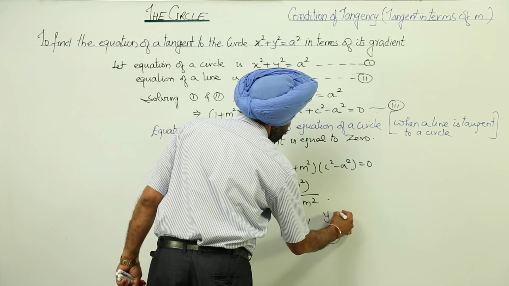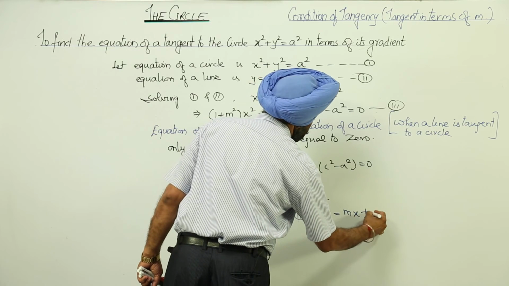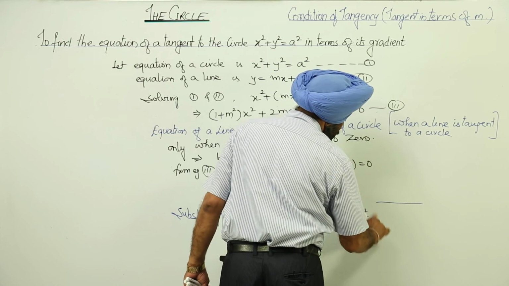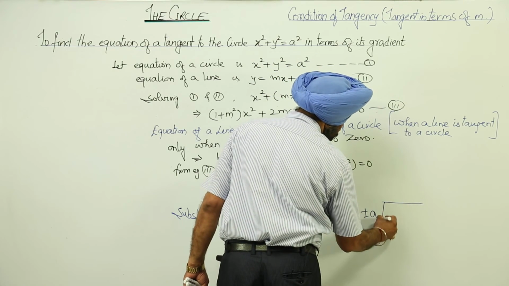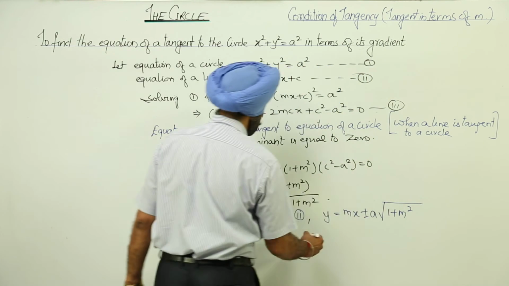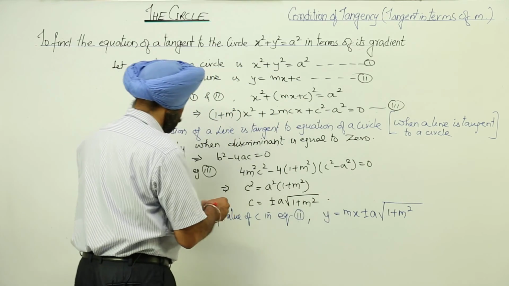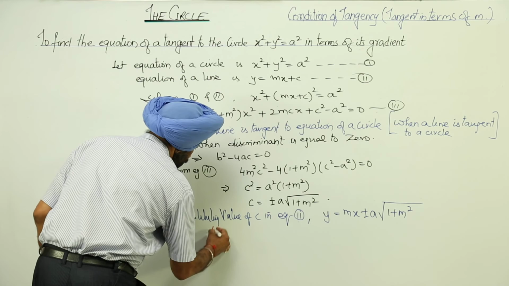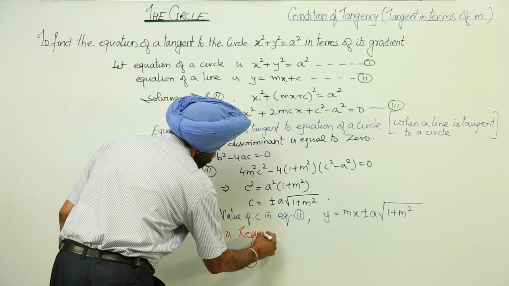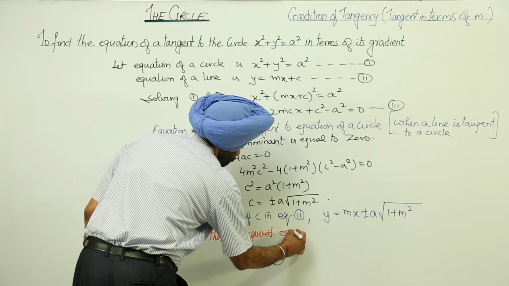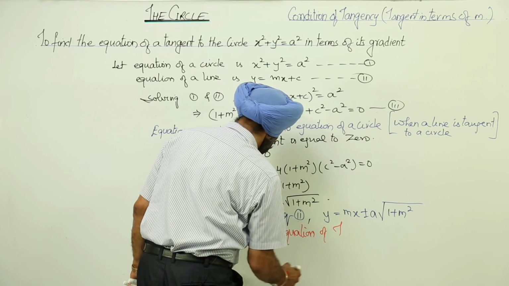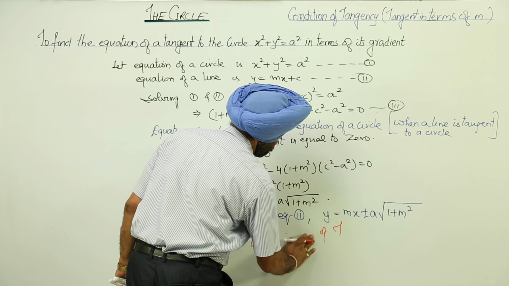We are getting y is equal to mx plus minus a square root of 1 plus m square, and this is also called the required condition of tangency.